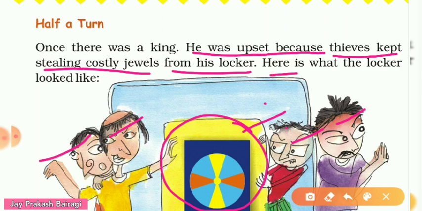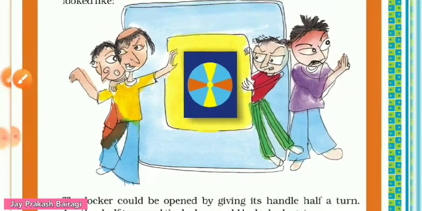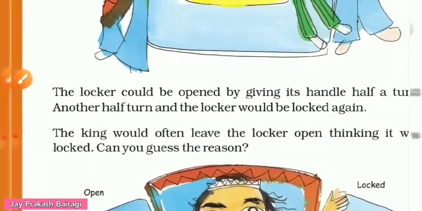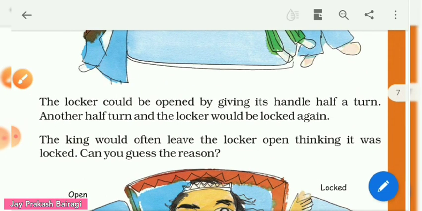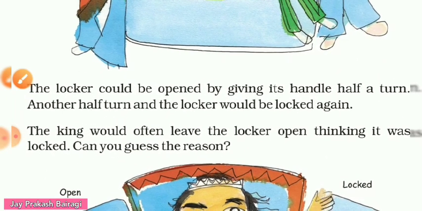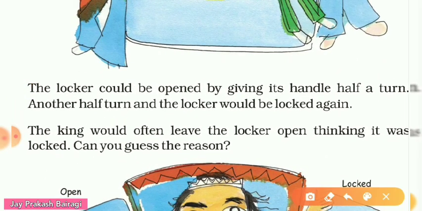Now here is what the locker looked like. I have already shown you this picture. Next, the locker could be opened by giving its handle half a turn. So the idea is how the locker was opening. If the locker is given half a turn, it will be opened.